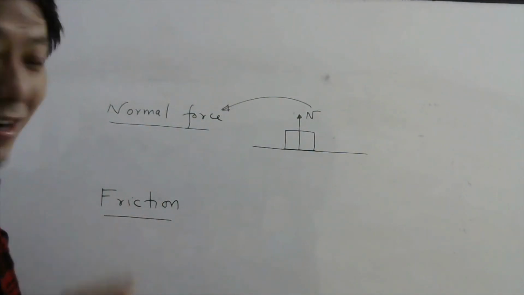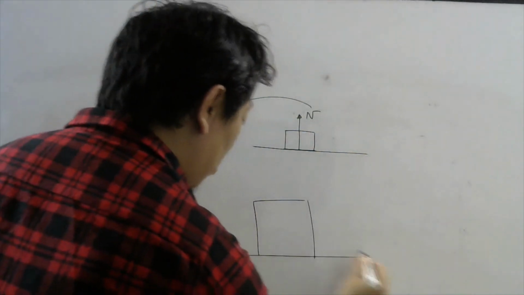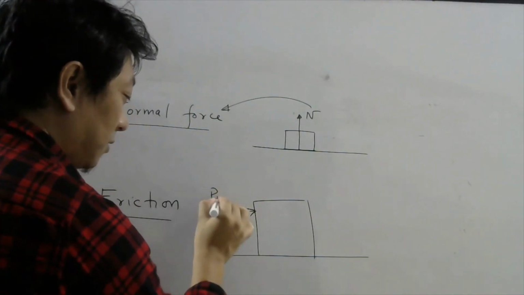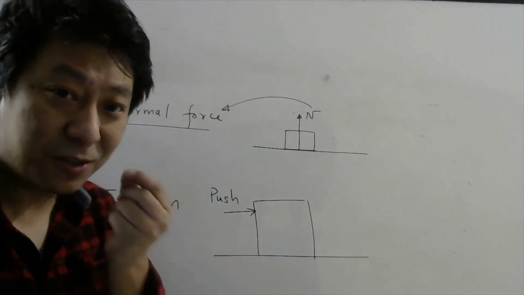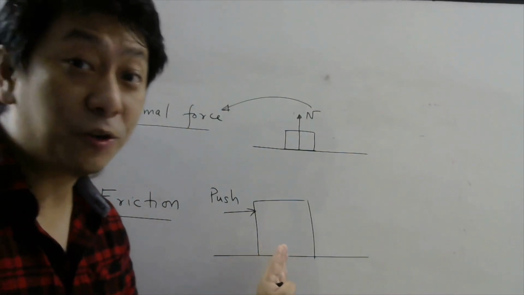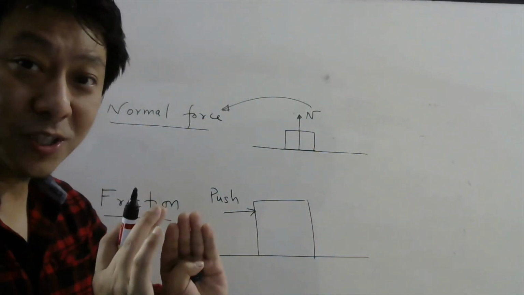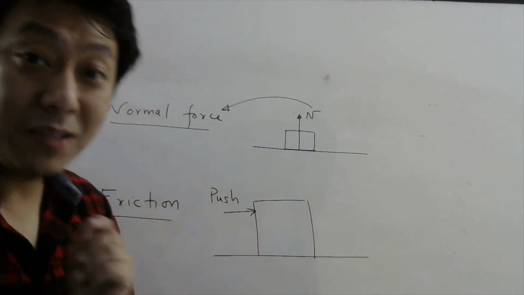Let's come to friction now. Suppose you have an object here like this and you try to move the object by pushing it this side. This is your push. Now you may realize that if your push is very small, the body is not going to move. You can try it with your almirah or your table. Try to push it by applying a little force. The body may not move. Now why is that happening?